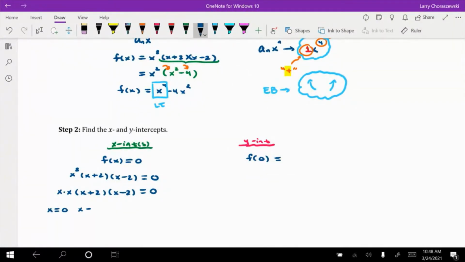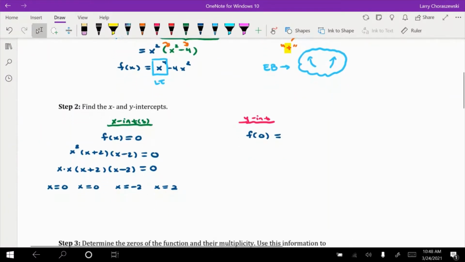So we get a pair of x equals 0s. Negative 2 would be another answer for x, and so would positive 2. So in terms of intercepts, I'm going to write these as ordered pairs. 0, 0. I won't duplicate that ordered pair. Negative 2, 0, and 2, 0.